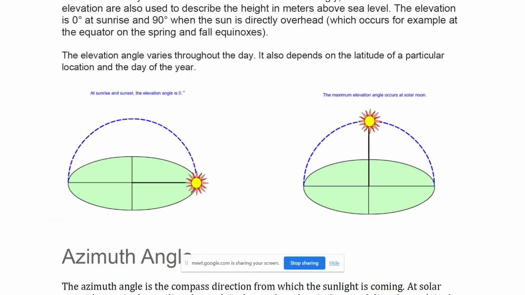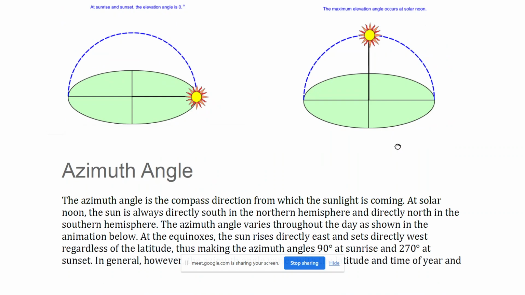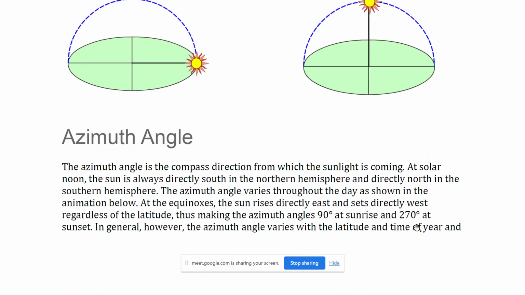Just for clarification of doubt, this is the point of sunrise or sunset. At sunrise or sunset the elevation angle is 0 degree, and the maximum elevation angle is at noon time when the sun is directly above us. Now, what is an azimuthal angle? The azimuthal angle is the compass direction from which the sunlight is coming.